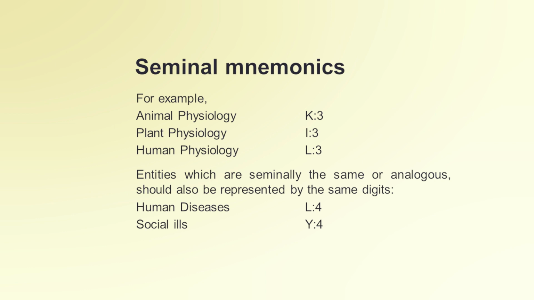Or in case of human diseases, we get the notation L:4, and similarly we get notation for social ills in the main class sociology as Y:4. Here both the diseases and social ills are denoted by the digit 4 in the energy facet.